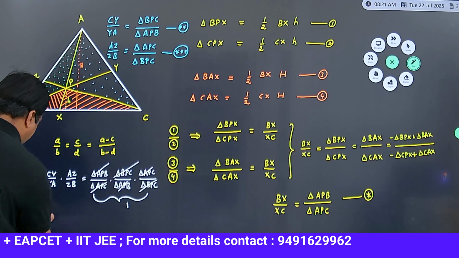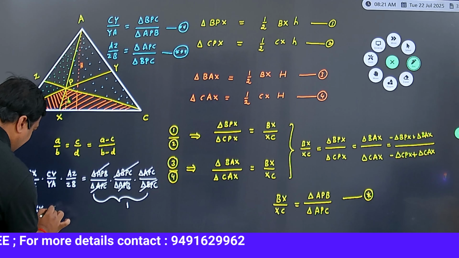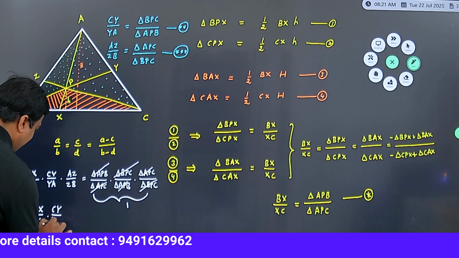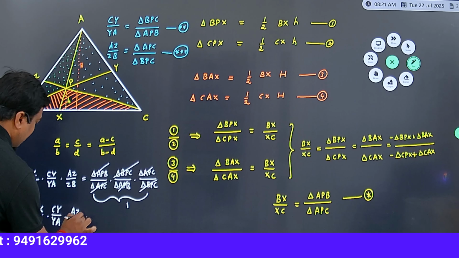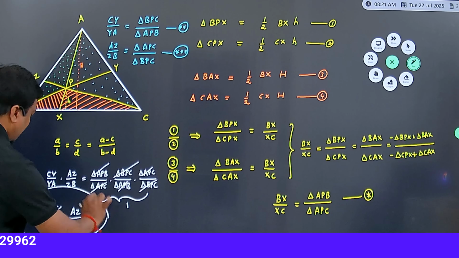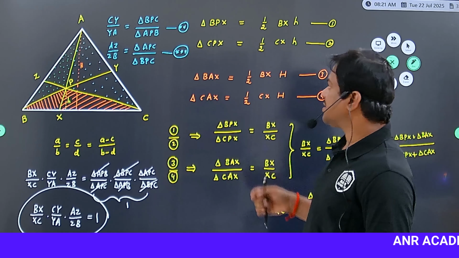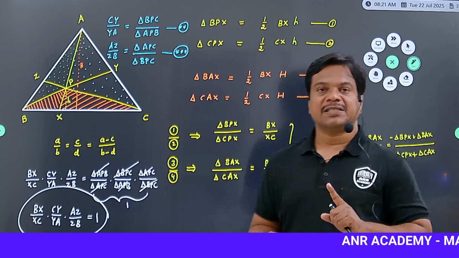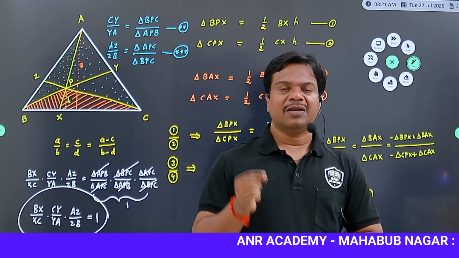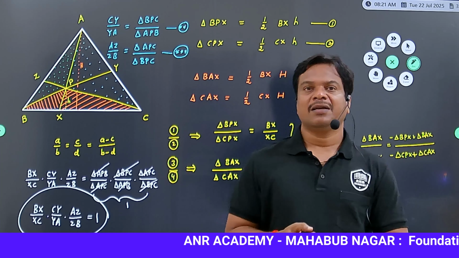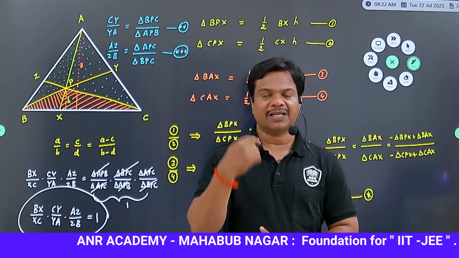Therefore, I can write here BX by XC into CY by YA into AZ by ZB, that becomes 1. This is about Ceva's theorem. Cevians are nothing but the line segments joining a vertex to any point on the opposite side of the triangle, on the opposite side of the given vertex.